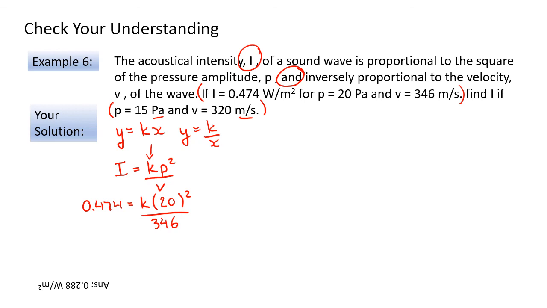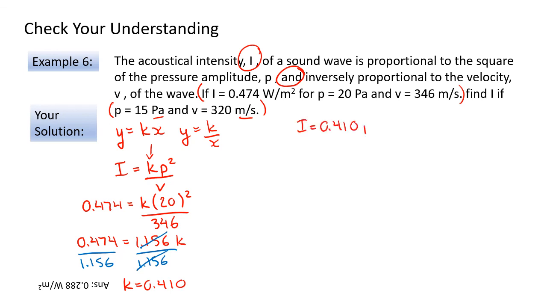If we calculate this out, we get 0.474 is equal to 1.156 multiplied by k. So to solve for k, we have to divide both sides by 1.156, so we have k by itself. On the right side, the 1.156 cancels, and k is equal to 0.410. So now our equation becomes I is equal to 0.410 times P squared divided by V.